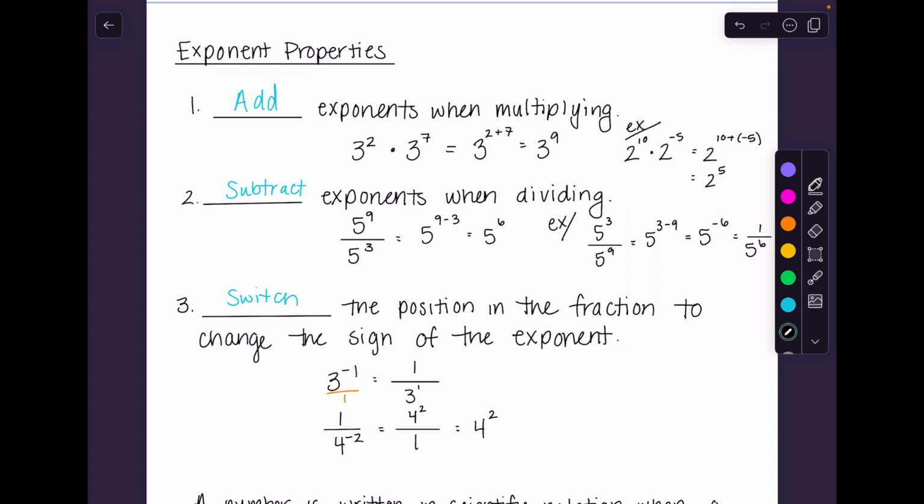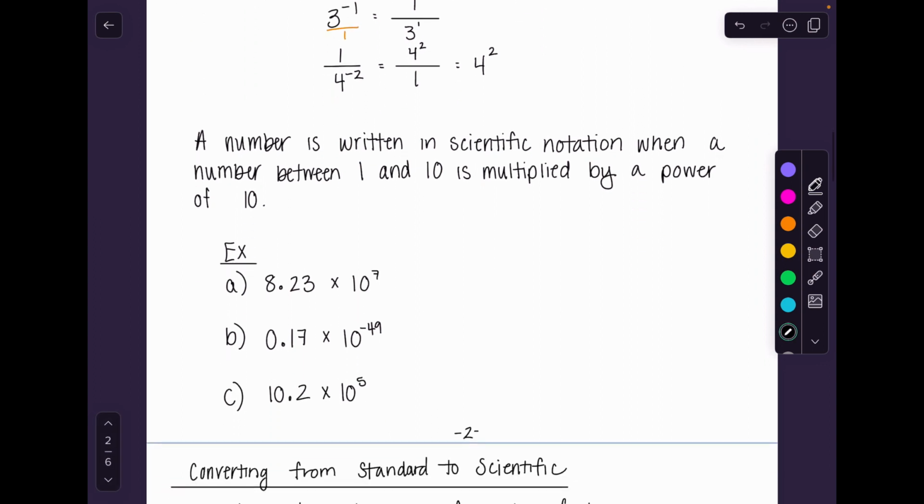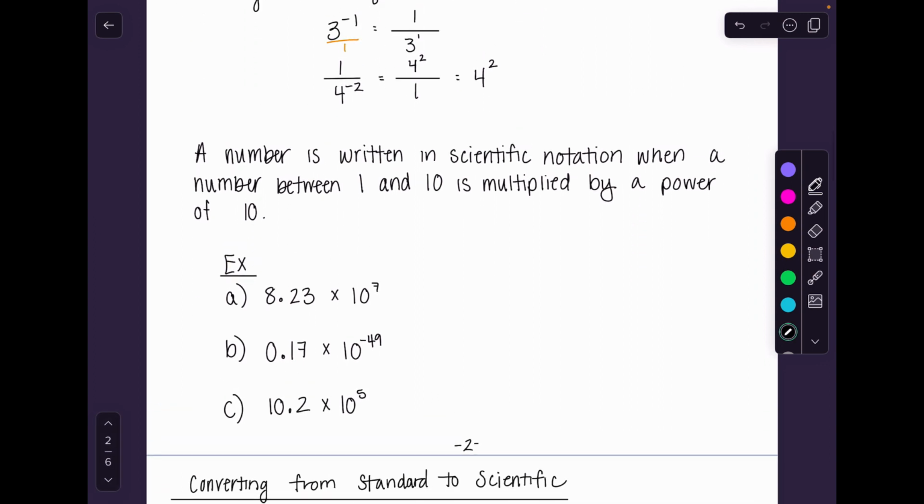Okay. So now that we've got all of our exponent rules out, we're going to talk about scientific notation. The thing you have to be careful about is it's very precise how you write it. So we say a number is in scientific notation when a number between 1 and 10 is multiplied by a power of 10.